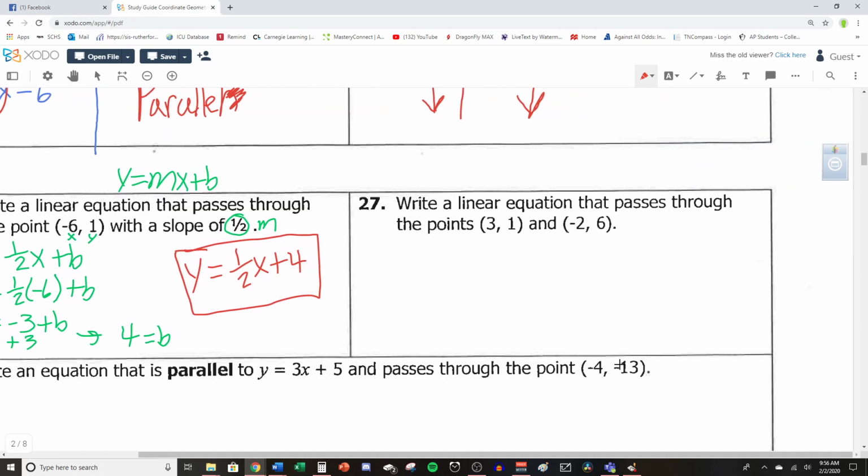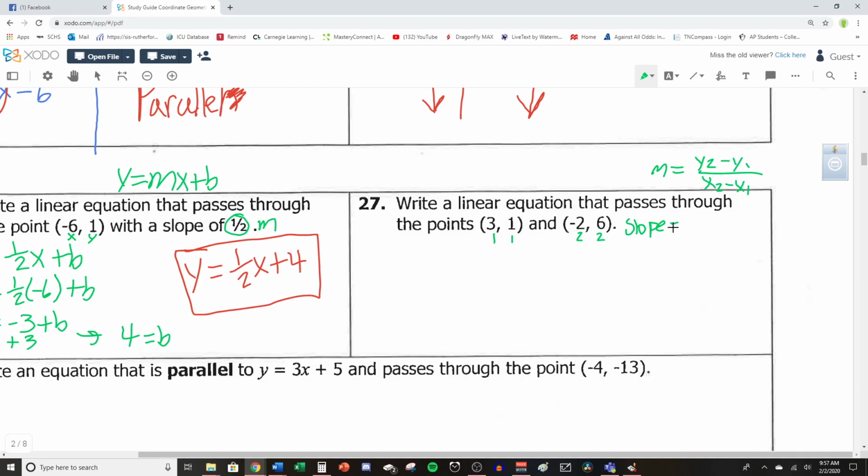Next, write a linear equation that passes through the points 3, 1 and negative 2, 6. Now this time it doesn't give us our slope. So the strategy in this one is to actually solve for the slope. We did this on the other page. We have to use the slope formula. That's slope equals y2 minus y1 over x2 minus x1. So I'm going to label my points. Let's get the slope.